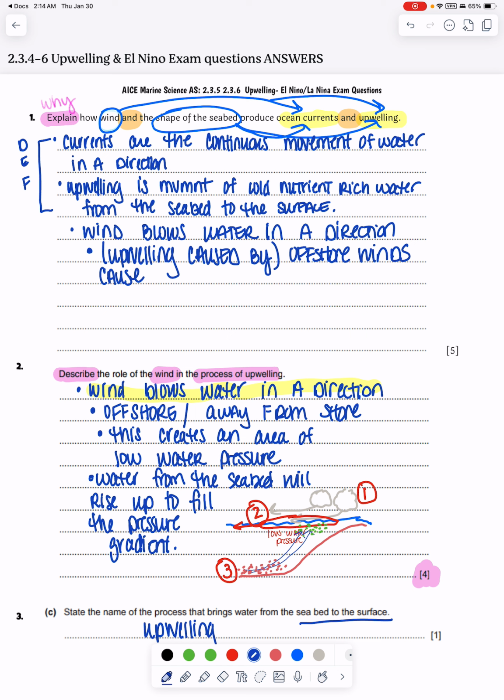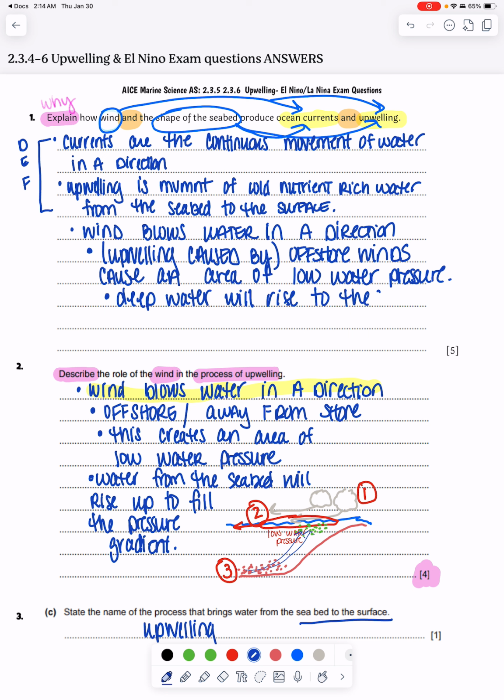This is within the same mark. They cause an area of low water pressure. This is going to cause deep water or water from the seabed to rise to the surface.